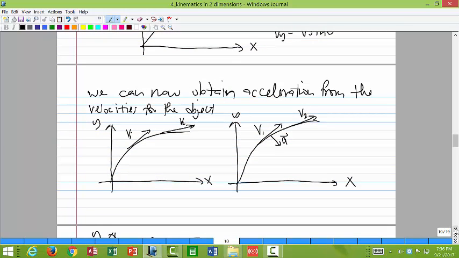Once we know instantaneous velocity or average velocity, we can next look at the acceleration from our velocity vectors. Suppose we have the trajectory again shown in the xy plane where the object is at a certain point with v initial, and then a certain time delta t later, it will be at point 2 with v final, as shown on the trajectory.